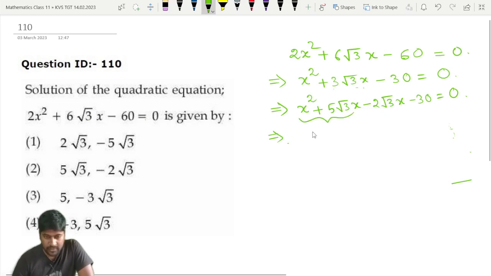From the first two terms we will take x common, so we will get x plus 5 root 3.